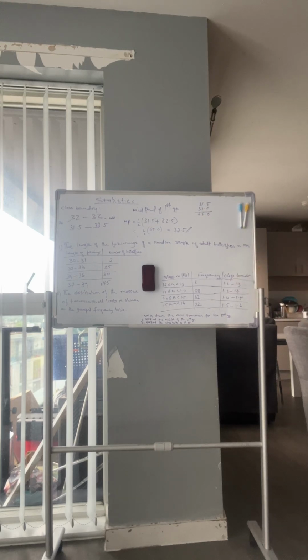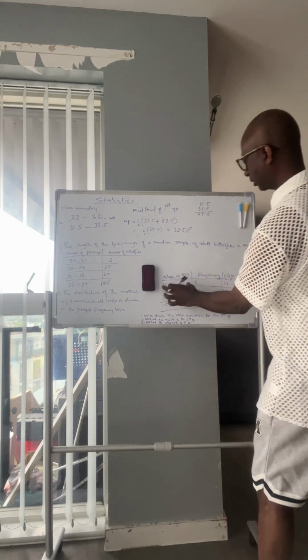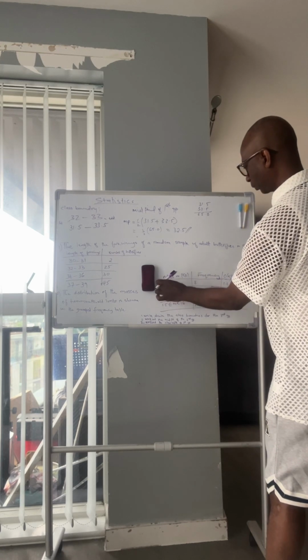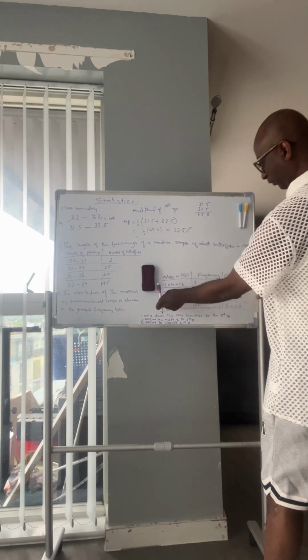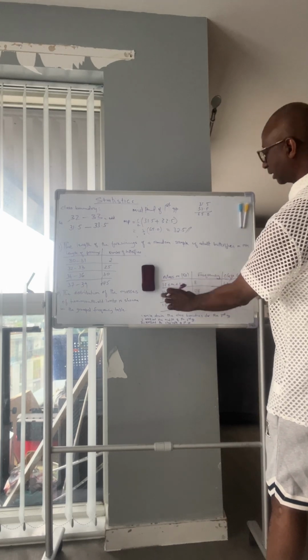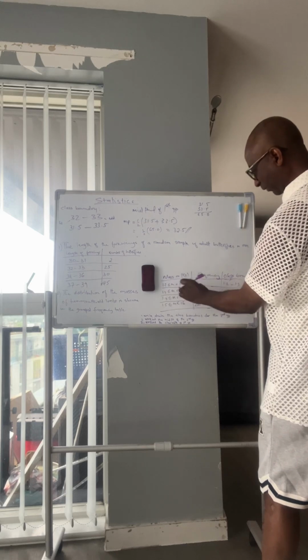So here, the midpoint is the same thing. You just add any two and you divide. You add the range you are given, 1.2 plus 1.3, you divide by 2. If you are asked to find the midpoint of this class, 1.3 plus 1.4, you divide by 2.